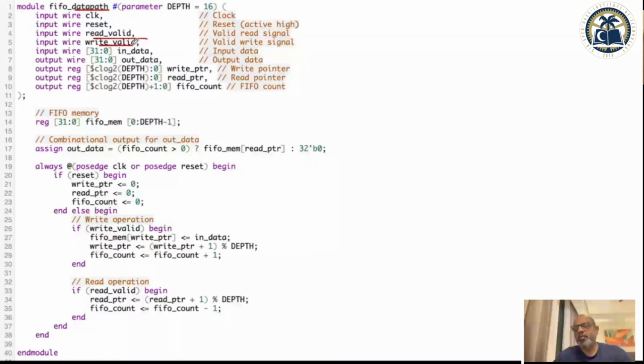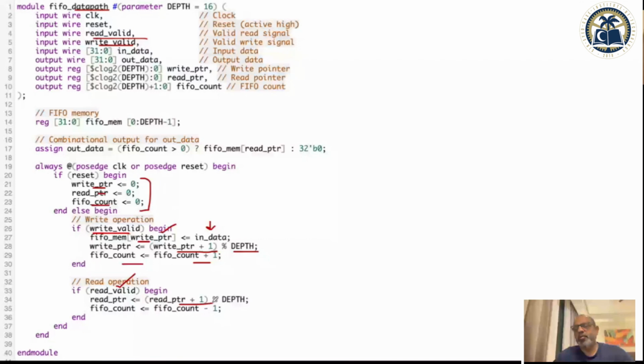As you can see, it initializes all these registers: write register, write pointer, read pointer, and FIFO count. If write is valid, it will write whatever is on the in data bus into the memory pointed by the write pointer. Then it is going to increment the pointer, modulo with depth, and increment the count by 1. Similarly, if read is valid, it is going to increment the read pointer, modulo it with depth, and the count is decremented by 1.